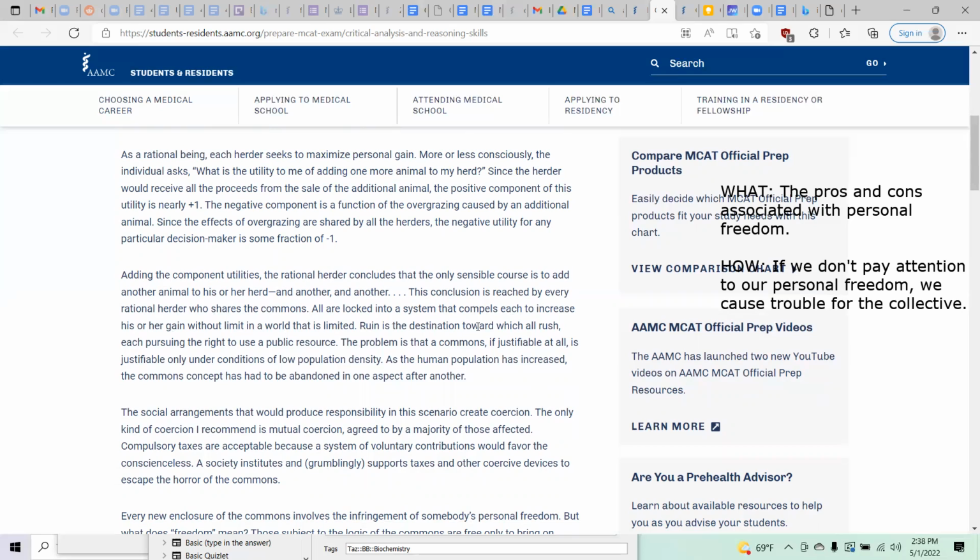Ruin is the destination toward which all rush, each pursuing the right to use a public resource. The problem is that a commons, if justifiable at all, is justifiable only under conditions of low population density. As the human population has increased, the commons concept has had to be abandoned in one aspect after another. What do you get out of this?